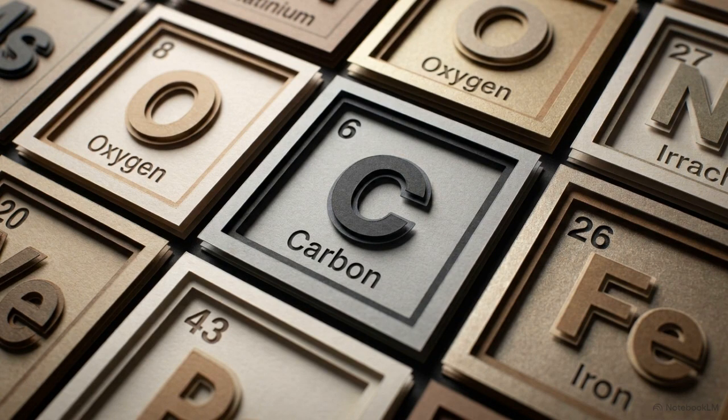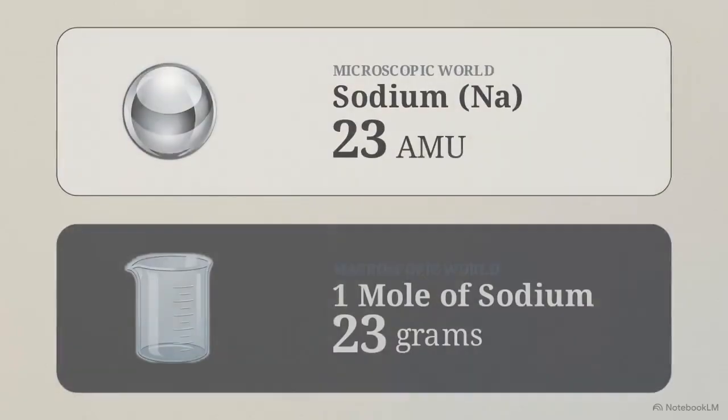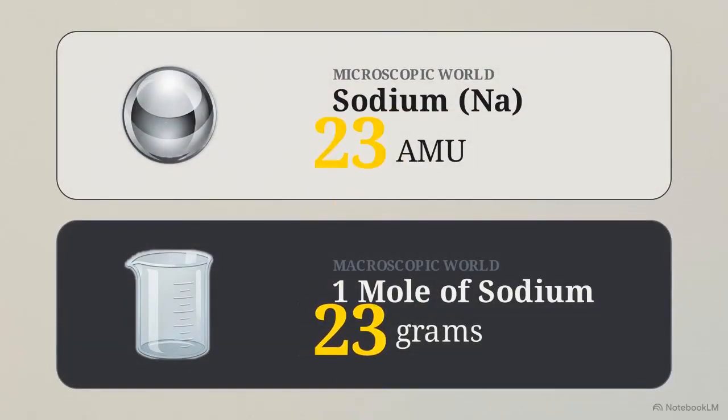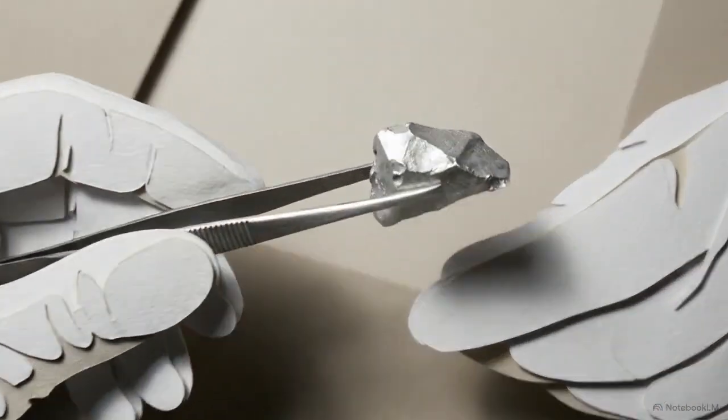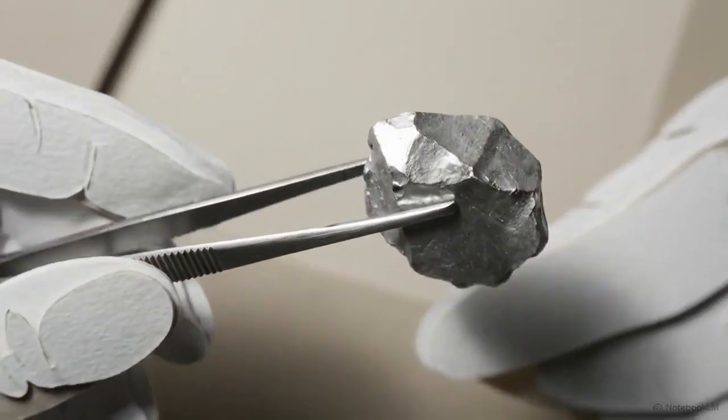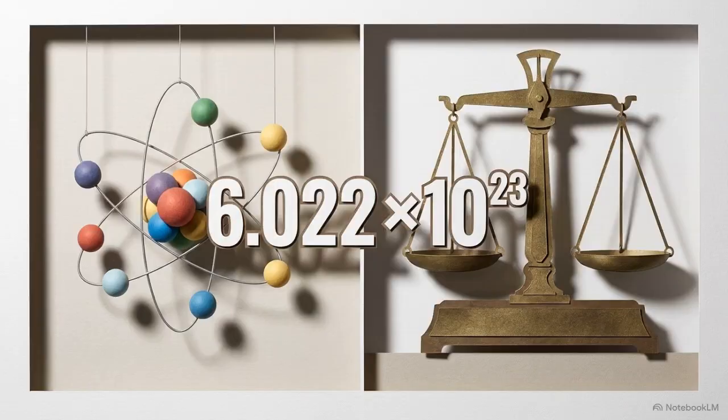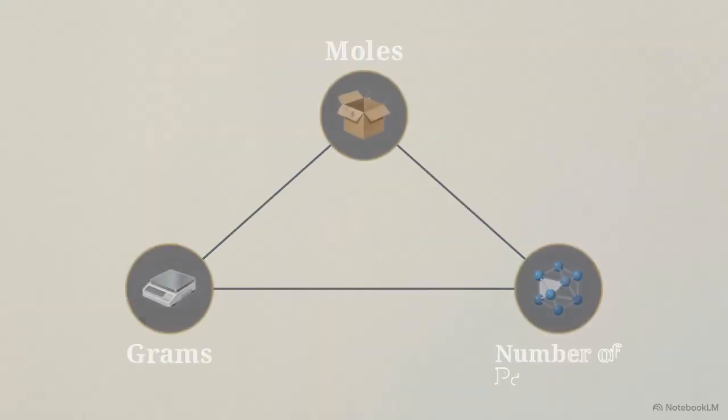To bridge these two worlds, scientists defined the mole using that same carbon benchmark. They calculated exactly how many atoms it would take to turn that microscopic 12 into a human-scale 12 grams. When you gather 1 mole of carbon atoms, the total weight on a laboratory scale becomes exactly 12 grams. Because both systems are anchored to the same carbon atom, the numbers now match for every element.